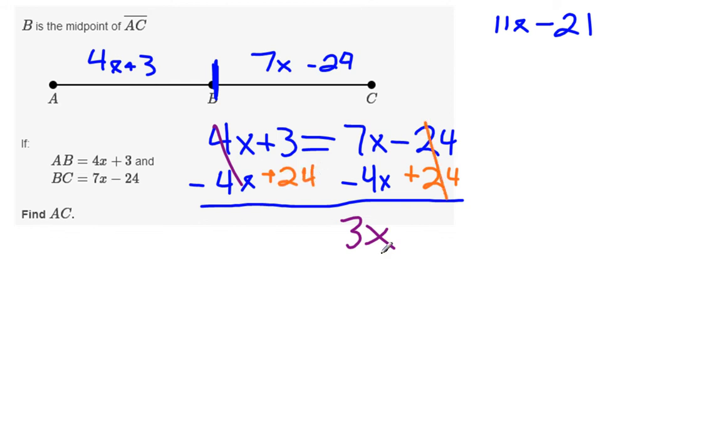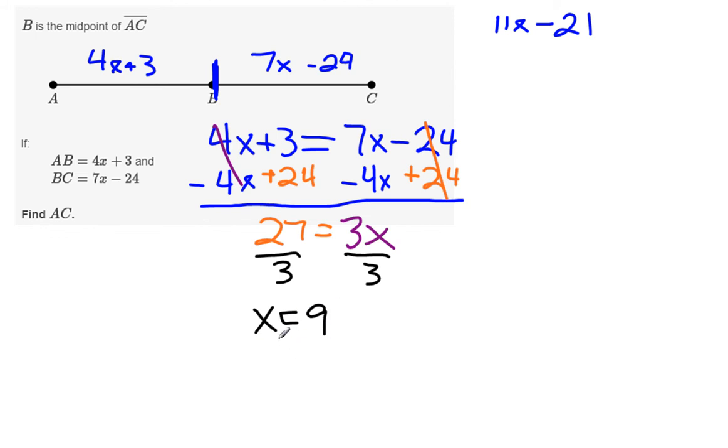So this will cancel out, and 3 plus 24 is 27, which means, hopefully you can see at this point what this is going to equal. If we divide both sides by 3, we get x equaling 9.